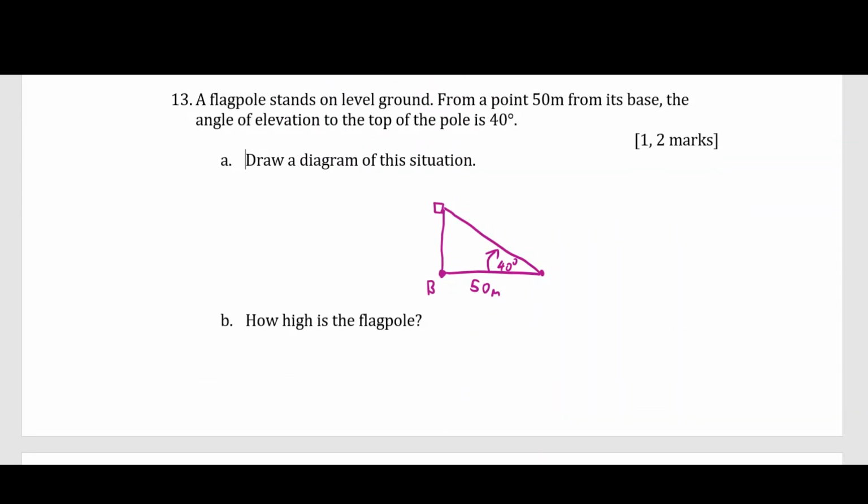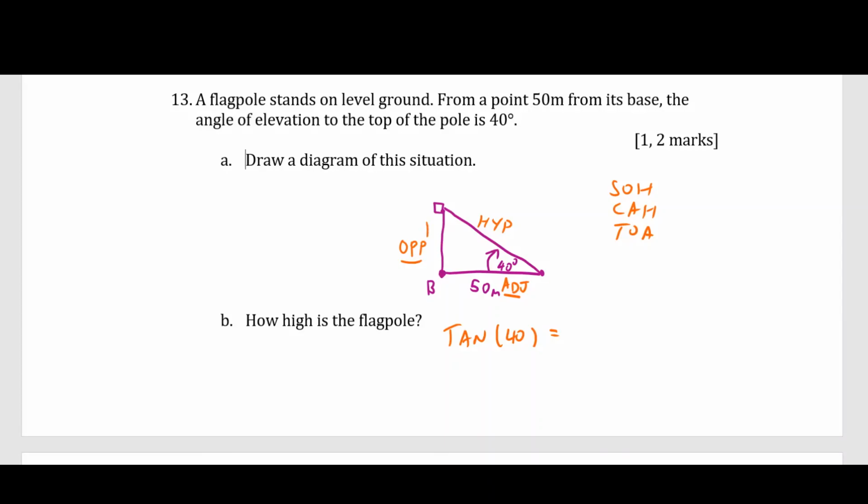So we've got this side's the adjacent. This side's going to be opposite. Here's the hypotenuse. So we've got opposite, we've got adjacent, and we need to figure out the opposite. So using SOHCAHTOA, that's going to be tan. So tan of 40 is equal to opposite over adjacent.